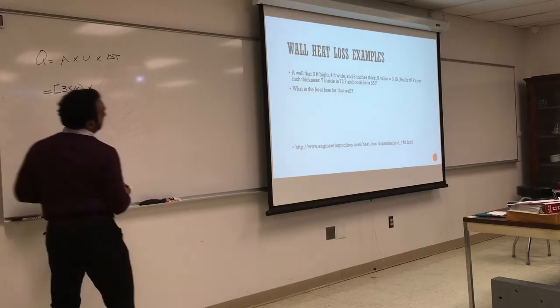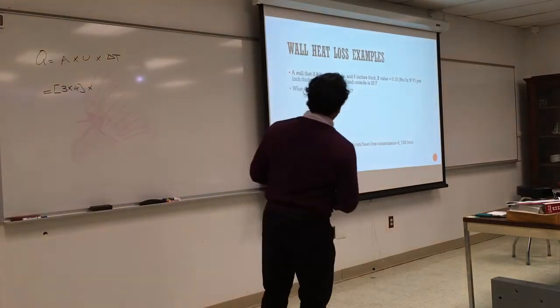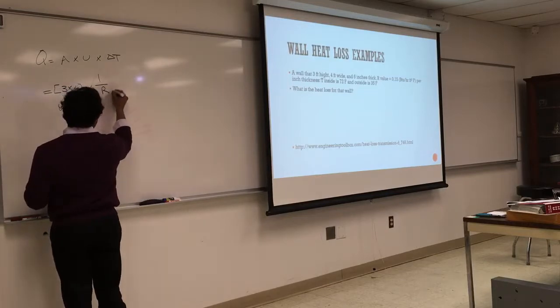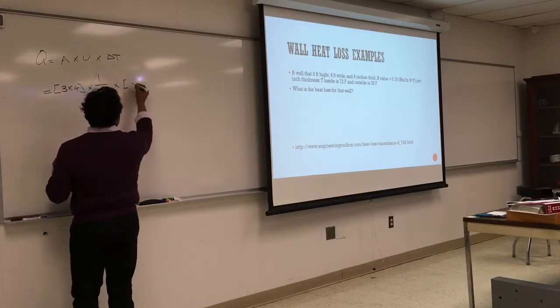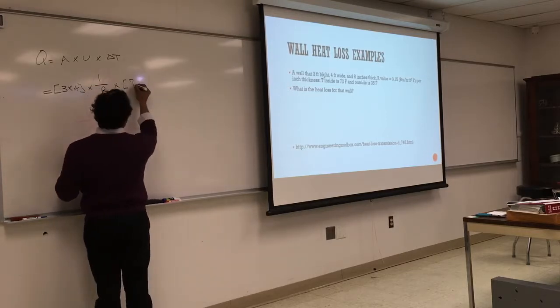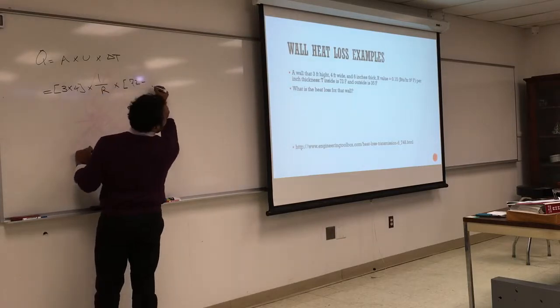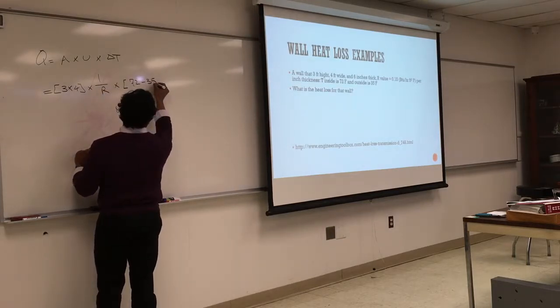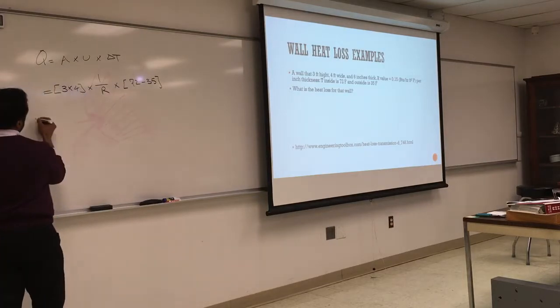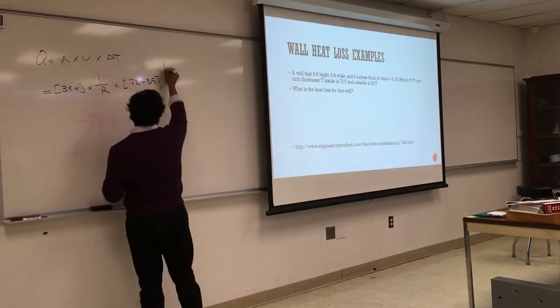What is U? I don't have U, right? No. 1 over R. What is delta T? 72 minus 35. Okay. So I need to find the R. I'll put it here.